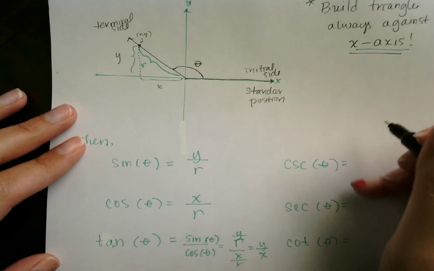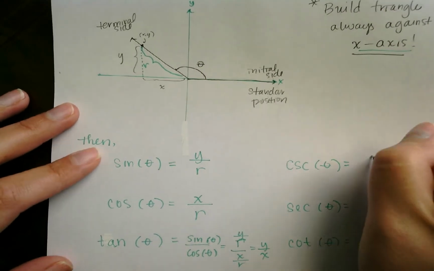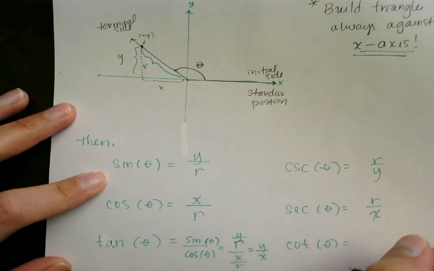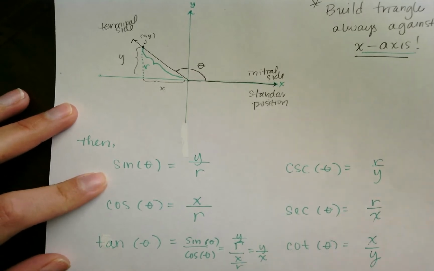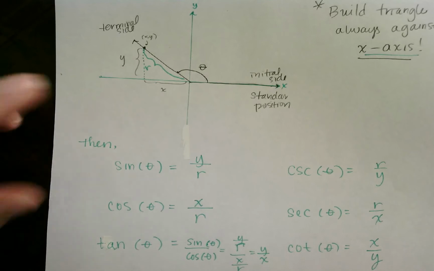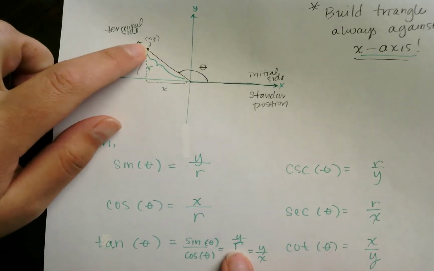And then cosecant, just again flip it, r over y, secant, r over x, and cotangent, flip it, x over y. So you might be thinking, Sam, it's the same as our triangle, because when you build a triangle, that's your hypotenuse.